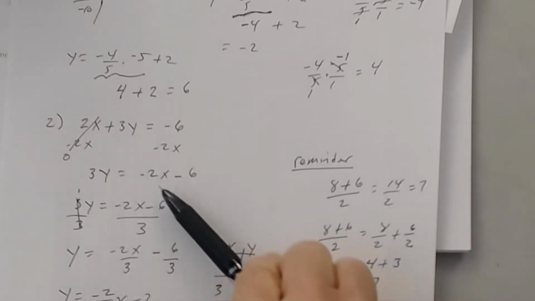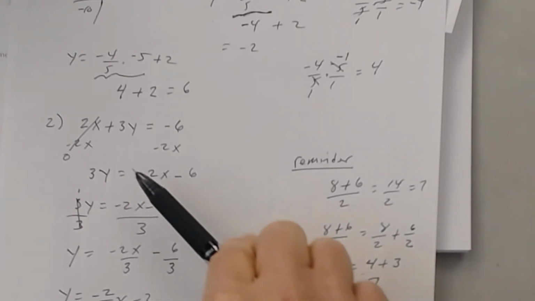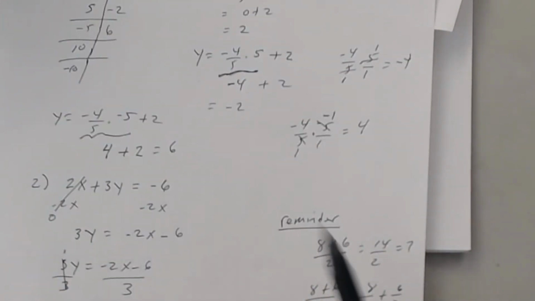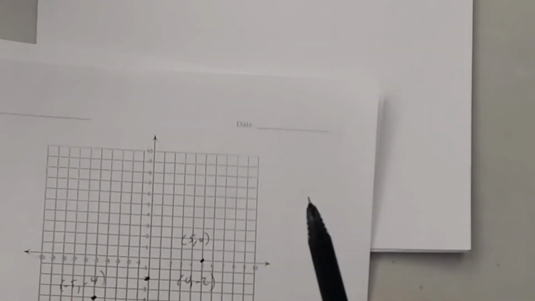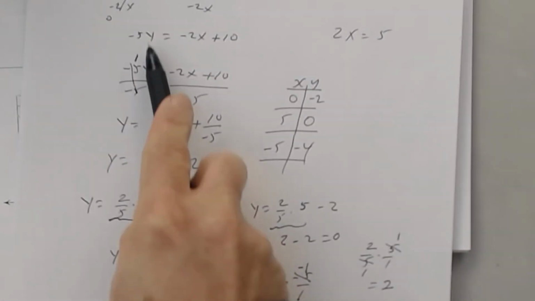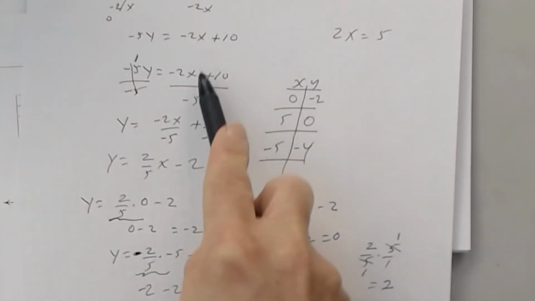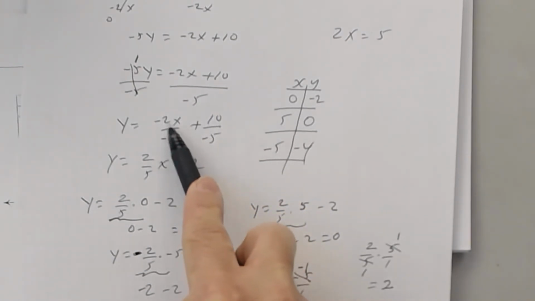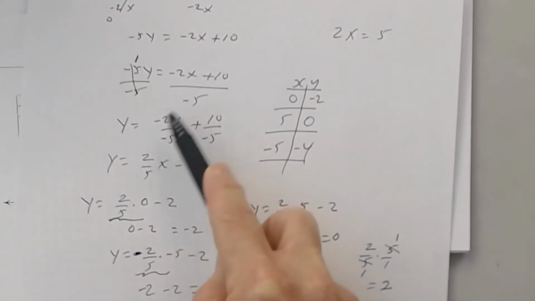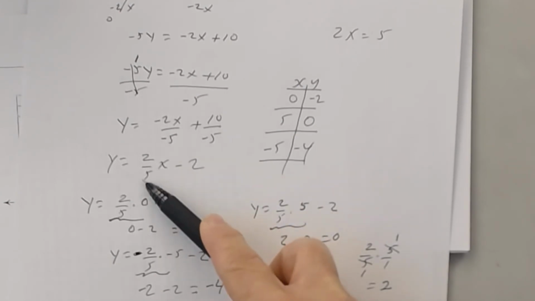Where are you getting the 5 from? Oh, I'm looking at the wrong one. I'm sorry. Y equals negative 2/5? Yes. But when I divide it by negative 5, a negative divided by negative is a positive, so it becomes a positive 2/5 now.